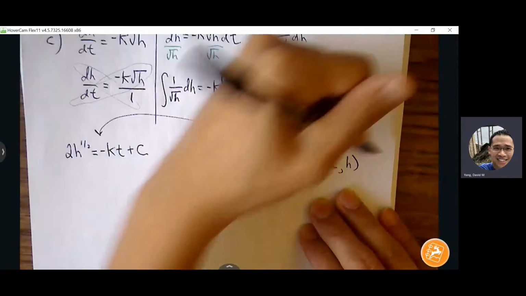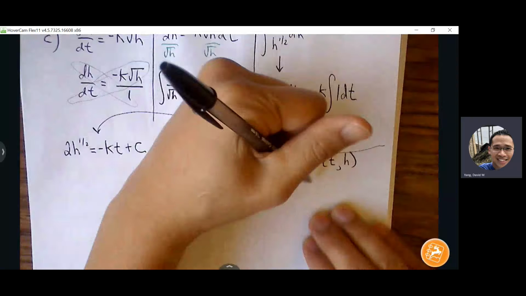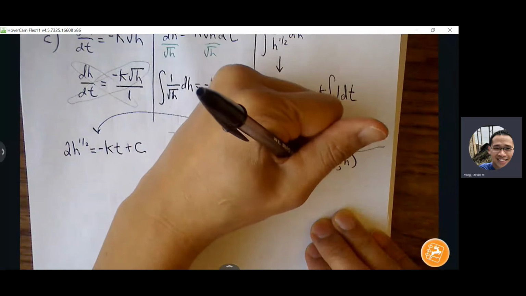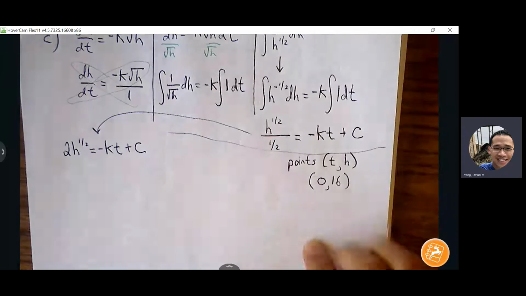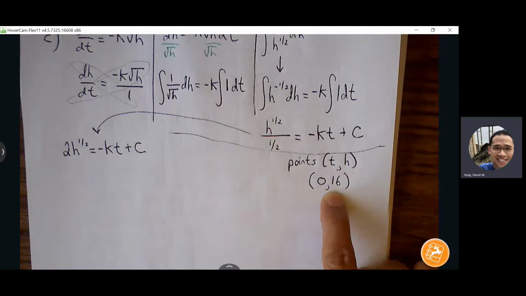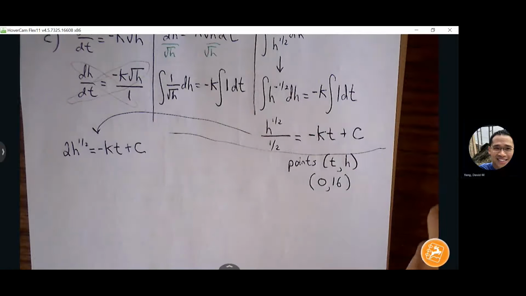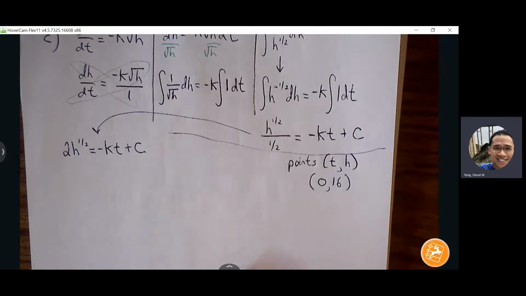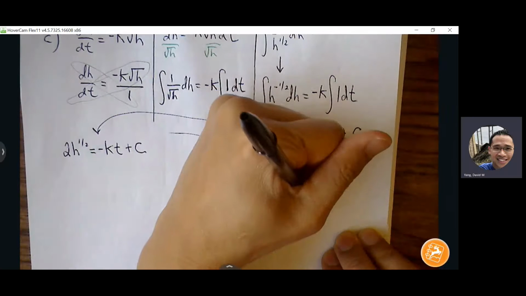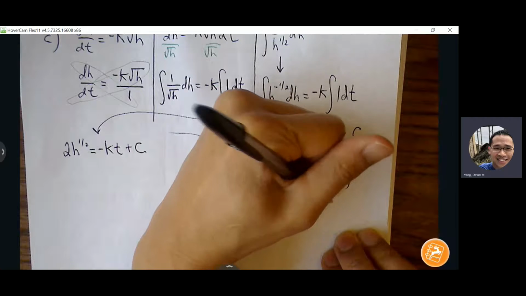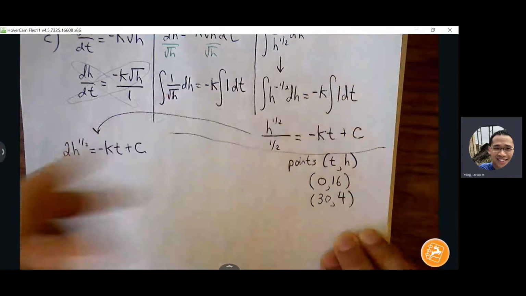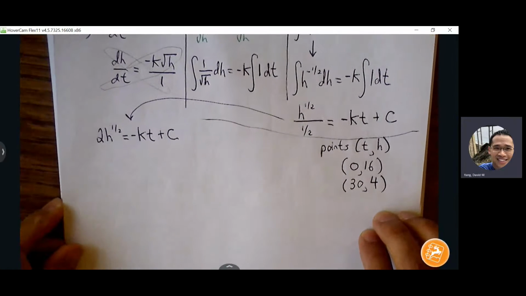So I'm going to organize my ordered pairs here. I have (0, 16), right? Time t equals 0, we have 16 meters. And then at time t equals 30, 4 meters. Just organizing my information here.